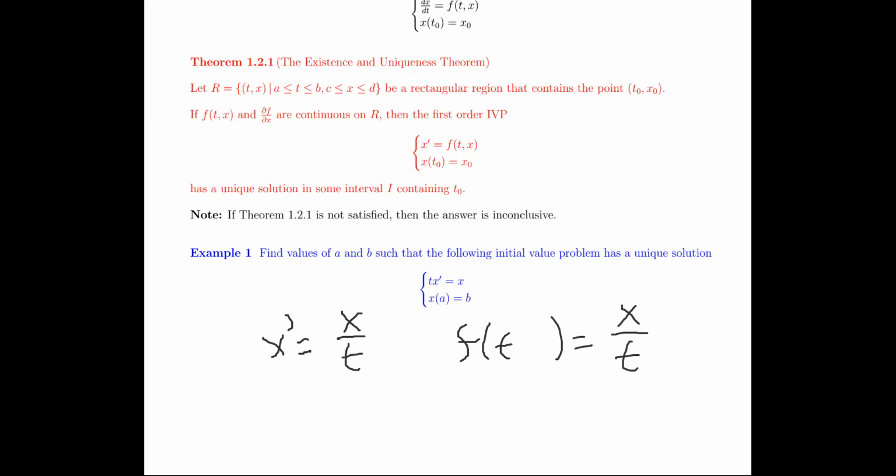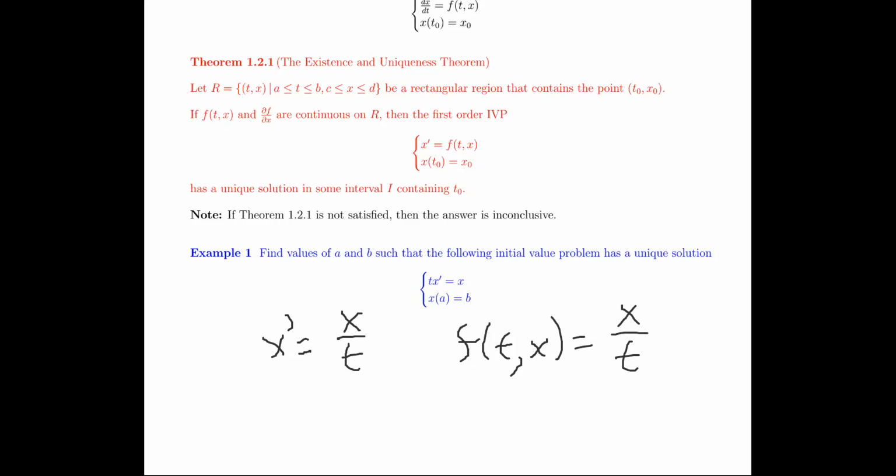Now, our theorem says that if that is continuous on some region R and the partial derivative of f with respect to x is continuous on some rectangular region R that contains an initial value, then we have a unique solution to that initial value problem.